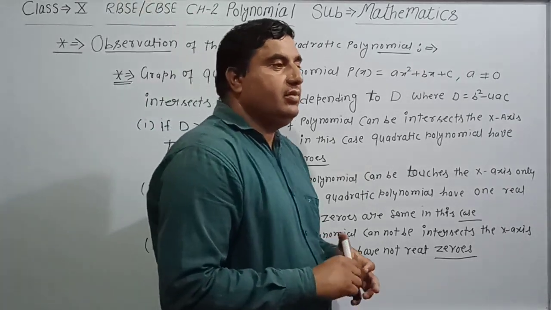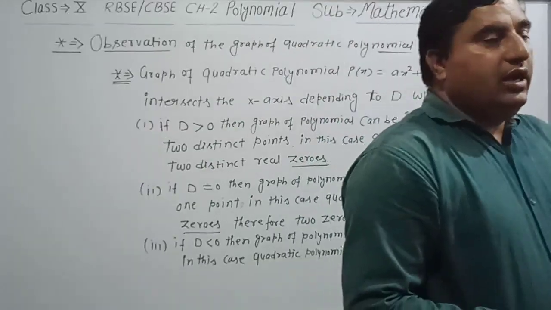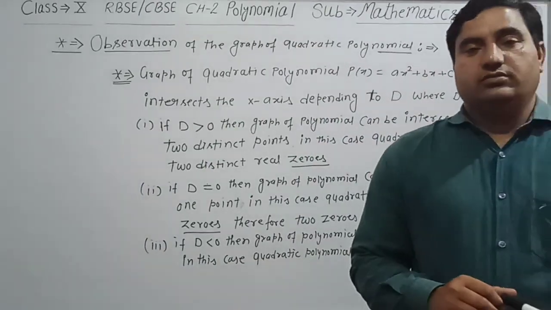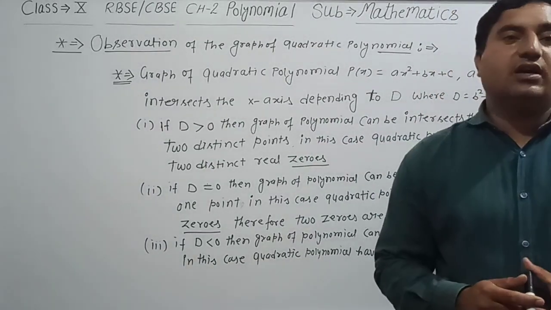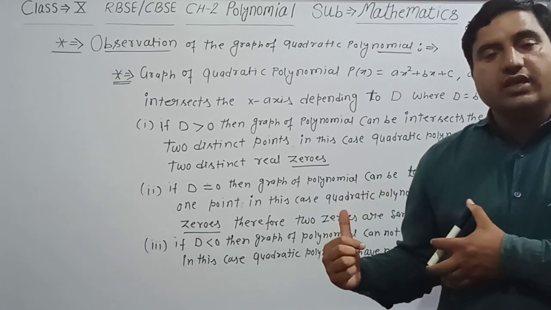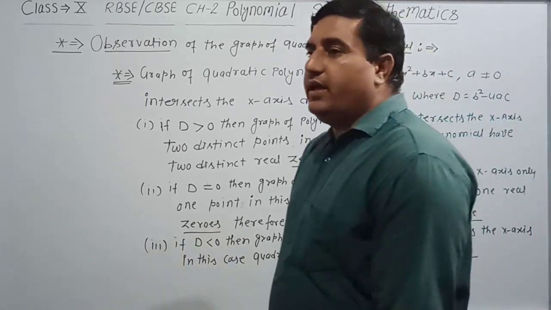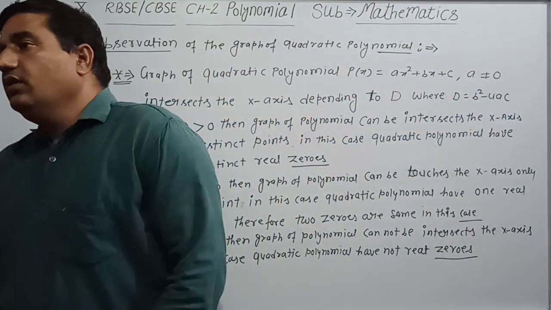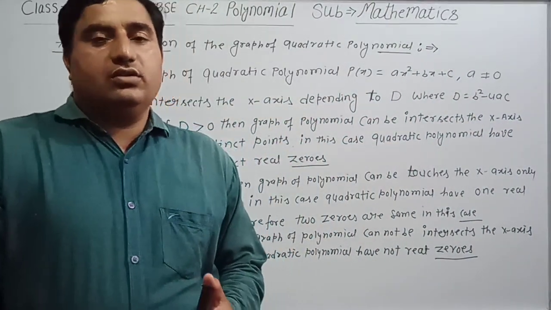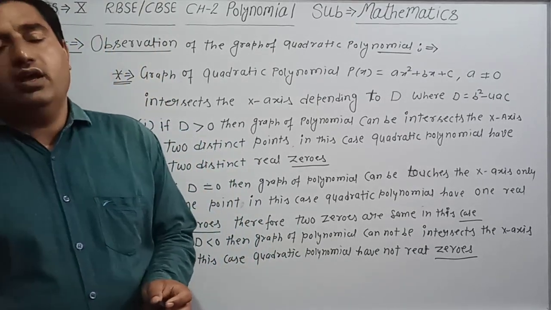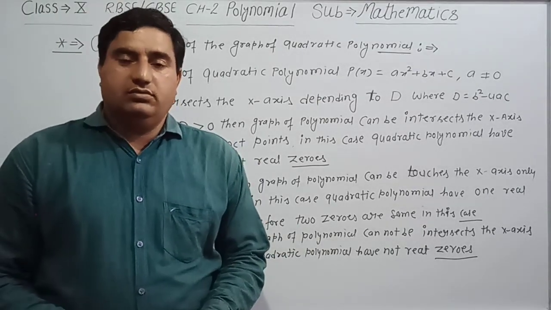If the graph does not intersect the x-axis, in this case the zeros of the quadratic polynomial are not real.